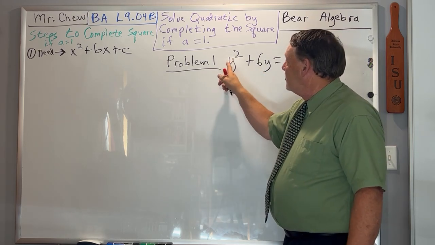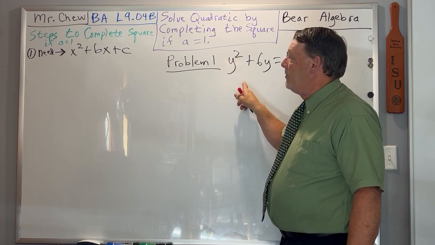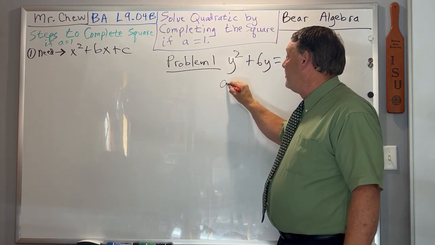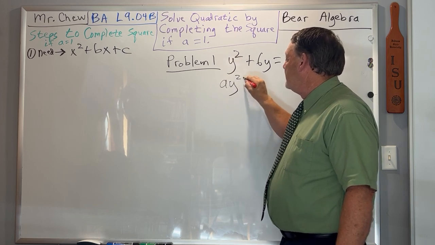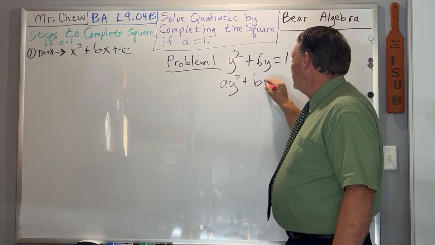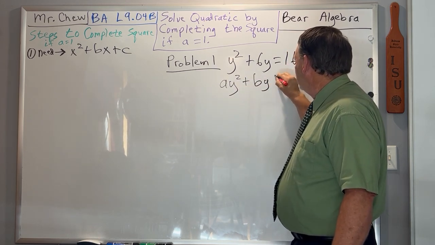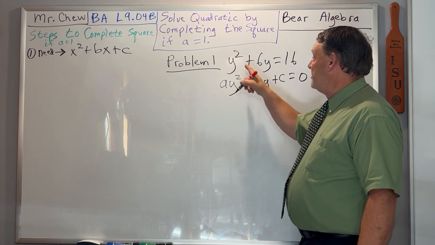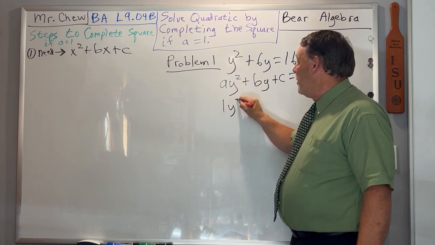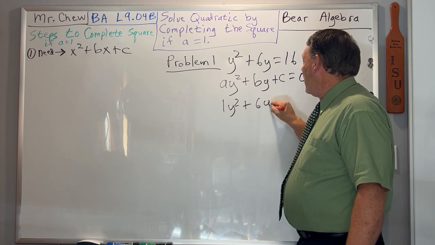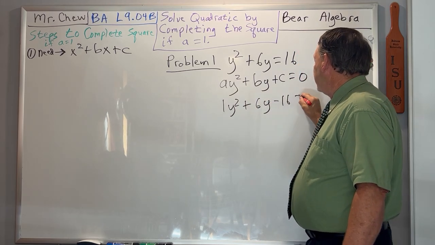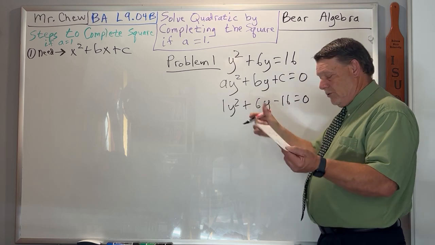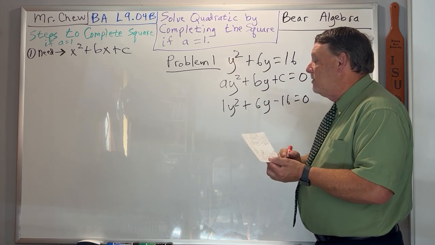Yes. So if a is 1, I'm good. So a has to equal 1. And remember, this would be the basic form, so this ends up being 1y squared plus 6y minus 16 equals 0. So I have that form. So I'm good to start.